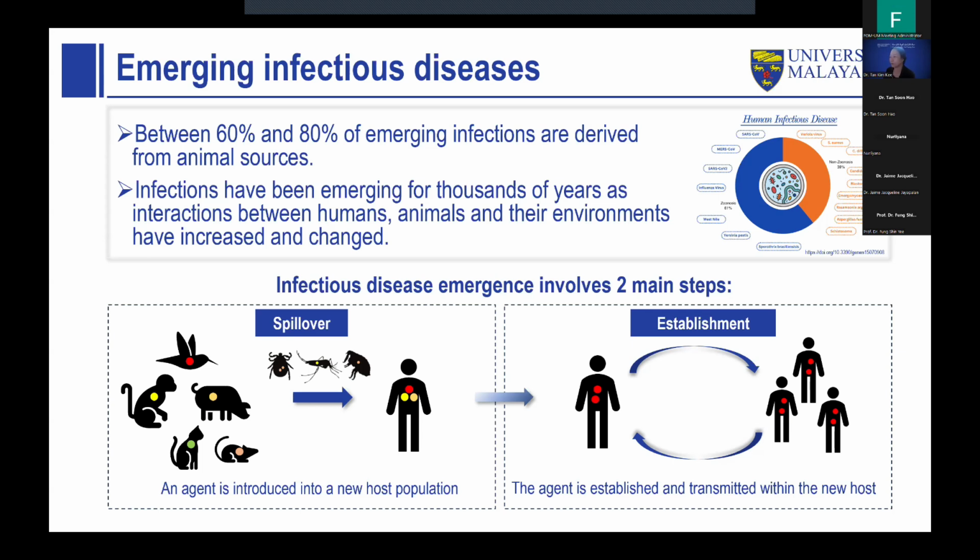The first one we call spillover. This is when an agent is introduced into a new population and new host and starts its first infections. And second, the agent needs to be able to establish, and then transmit within the host and the population itself.